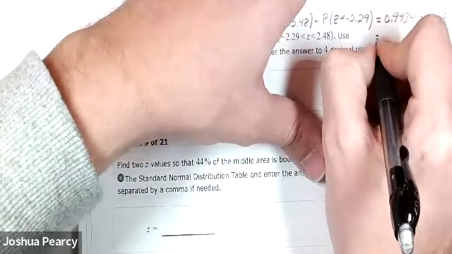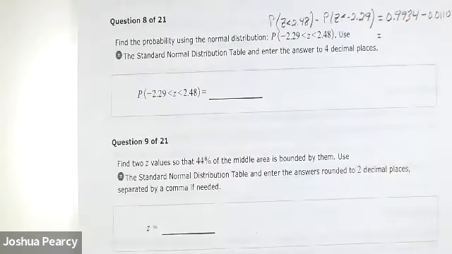So then to find the area in between, you just take the subtraction of those two: 0.9934 minus 0.0110 is 0.9824.